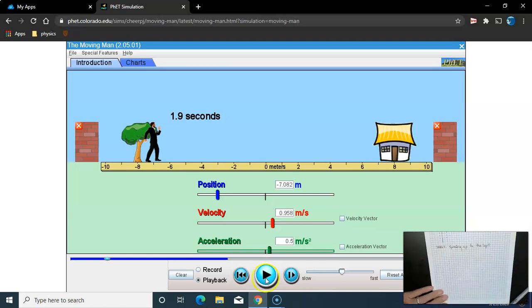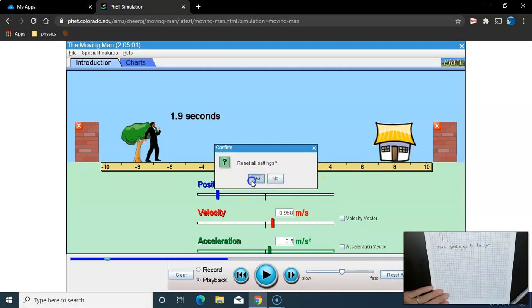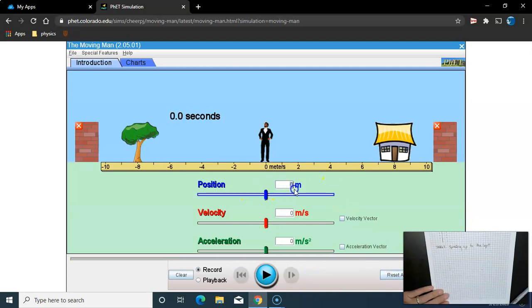So in this case you reset the simulation and put the guy at the house, positive 8. Initial velocity 0, but now the acceleration you put negative 0.5. And now the guy is going to speed up toward the tree.